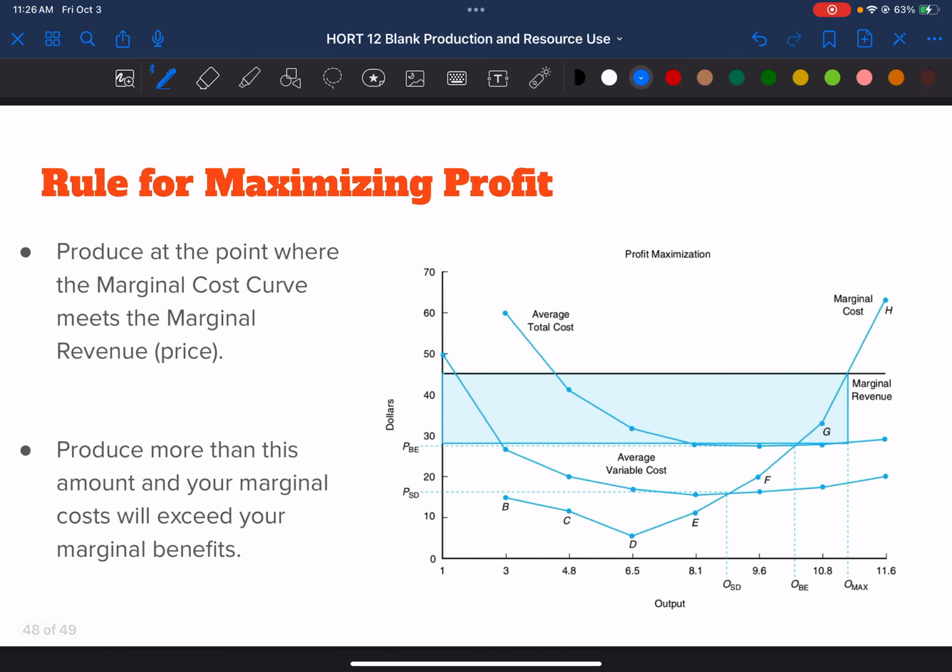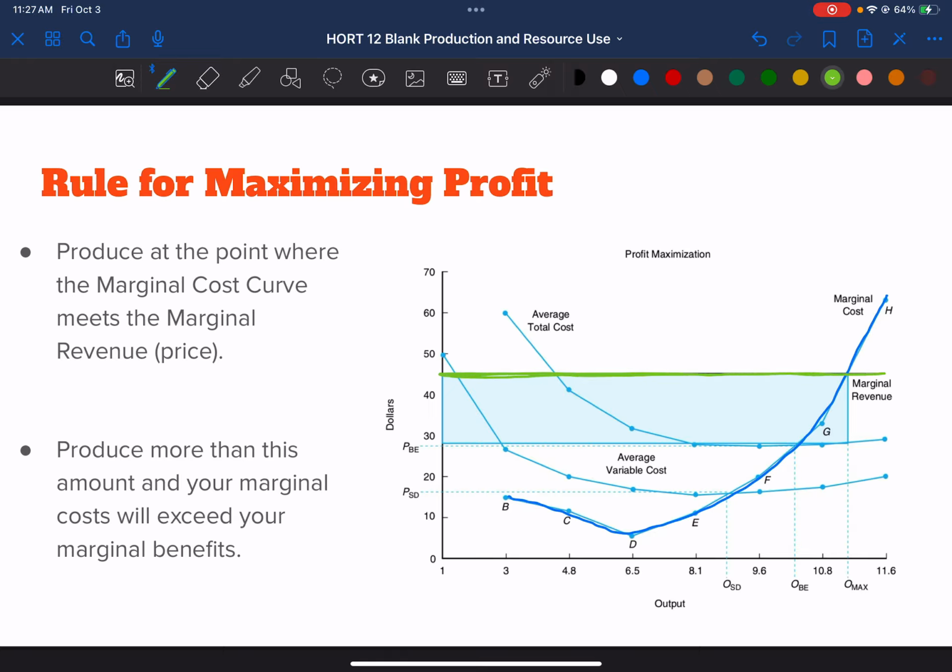So the rule for maximizing profit is to produce at the point where the marginal cost curve, we'll highlight that here, the marginal cost curve meets the marginal revenue, which we said already is the price. So the marginal revenue is depicted by this line right here that I'm highlighting in green.